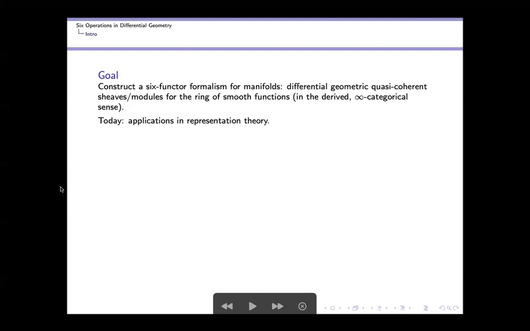So if G is your group, there's a stack called BG, and sheaves on this stack are exactly representations of the group G. And many properties of this category of representations can be deduced formally from the geometry of the stack BG. So now I want to do this not for an algebraic group, but for something like a compact Lie group.